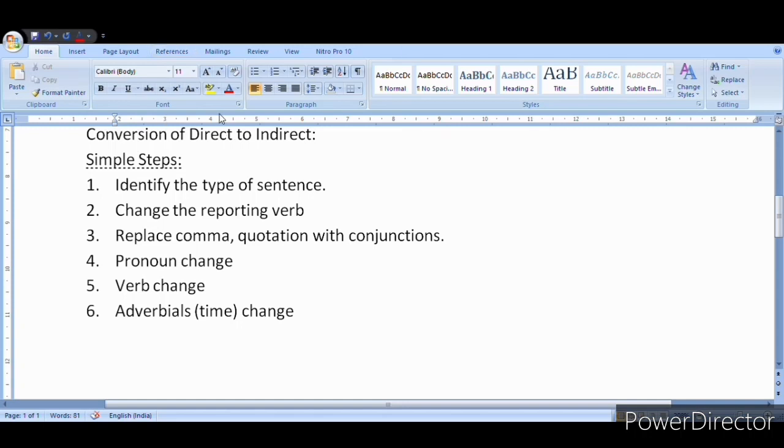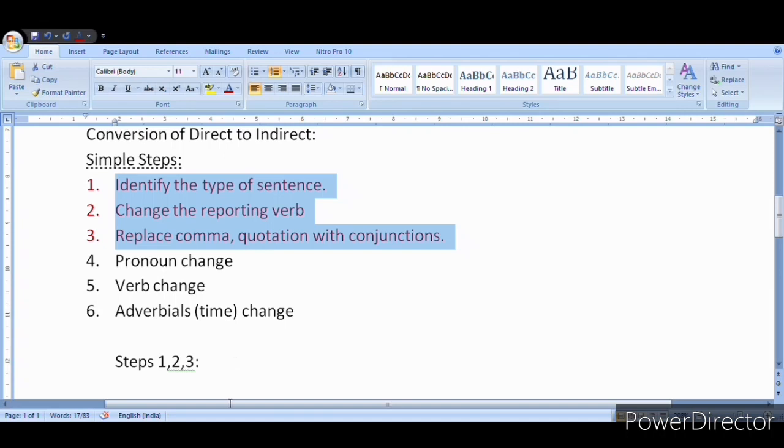That also we'll discuss later, right? The next step is pronoun change. The next, you have to change the tense of the verb. Finally, adverbial change, that is the timing, place and all, you have to change some words. We'll take the first, second and third steps together.